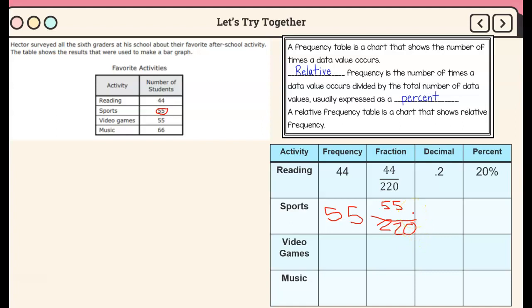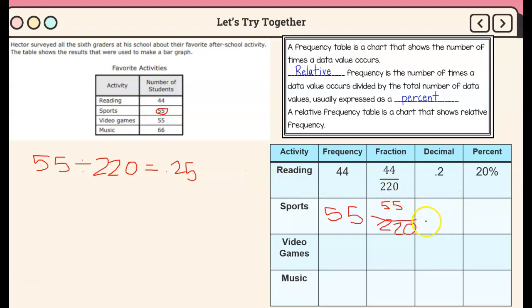How do we turn that into a decimal? We divide, right? So we're going to do 55 divided by 220, and that equals, you should have gotten 0.25.